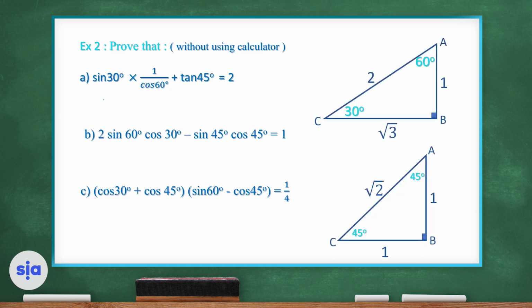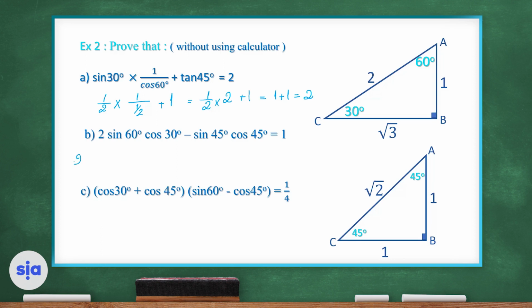So sine 30 is 1 over 2, times 1 over cosine 60, which is 1 over 2, plus tan 45, which is 1. If you simplify this more, it's half times 2 plus 1, which is 1 plus 1 equals 2.